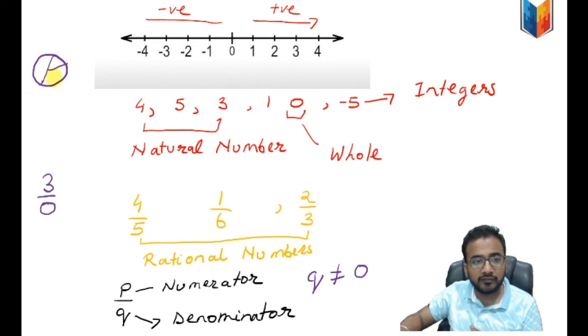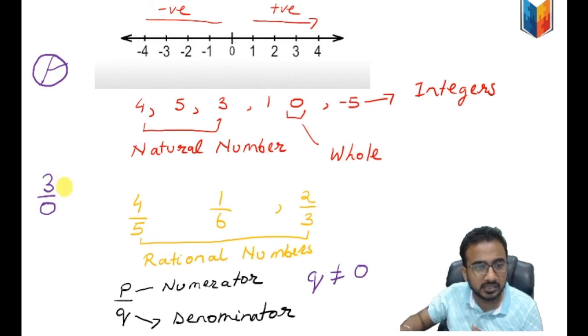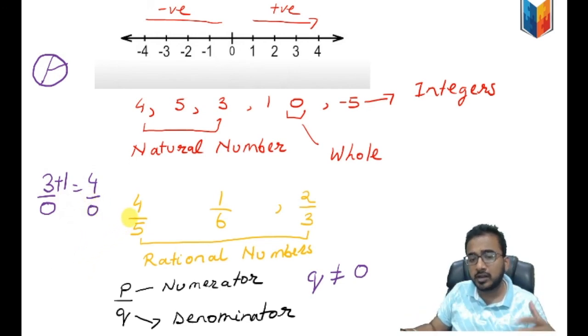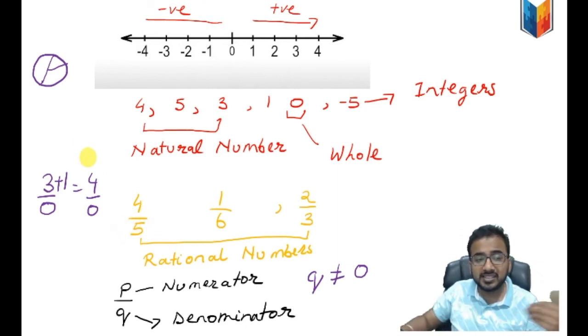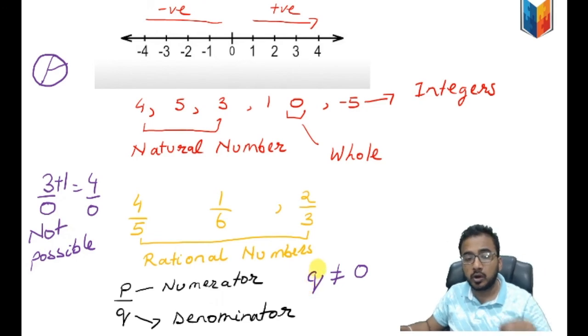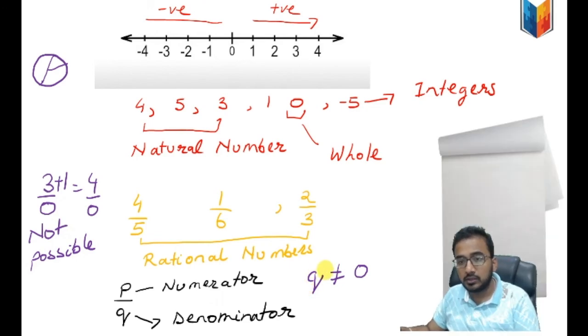So suppose you have 4 slices of pizza, we can keep this as 3 plus 1, suppose 4 by 0. But in your room there are no friends और कोई नहीं है. So how will you divide? It is not possible. So that is the condition कि जब हम लोग बोलते हैं, we say that your Q should not be equal to 0.